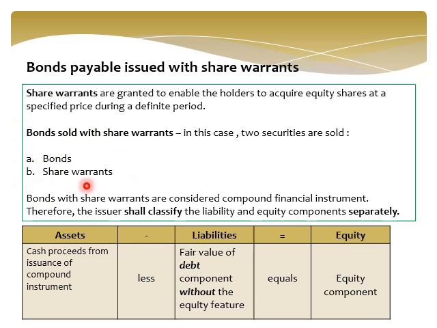Dito, yung liability natin, yung bonds. Yung equity natin, yung share warrants na na-issue sa bondholders. Again, the liability and equity component of the compound financial instrument shall be classified separately and accounted separately.